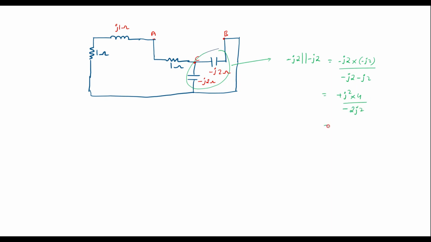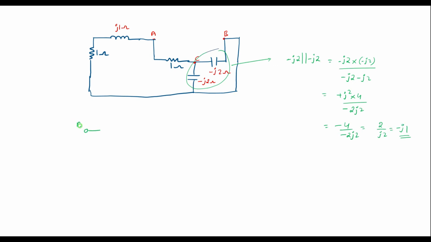So J square value is minus 1. So it is minus 4 divided by minus J4, which is same as minus 2 by J2, which is nothing but minus J1. So let me redraw the equivalent circuit of this.